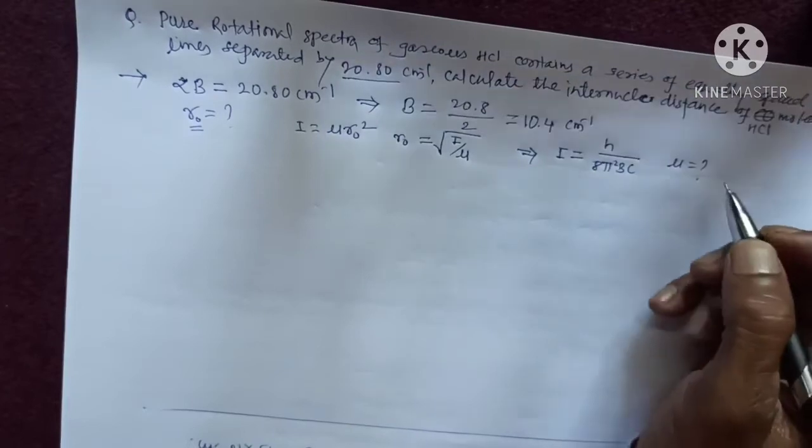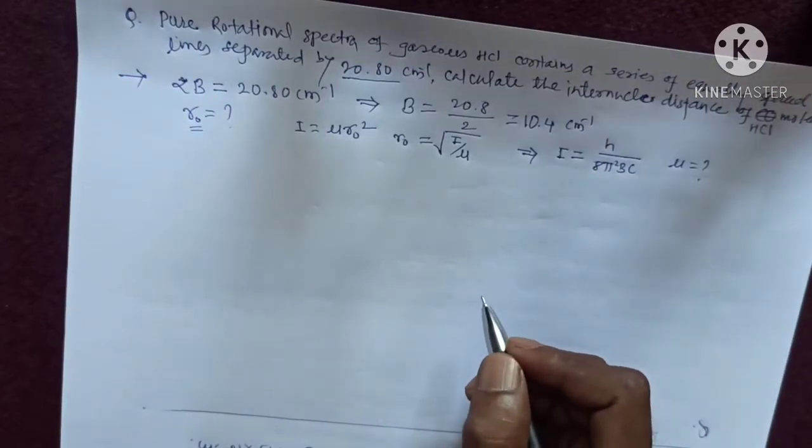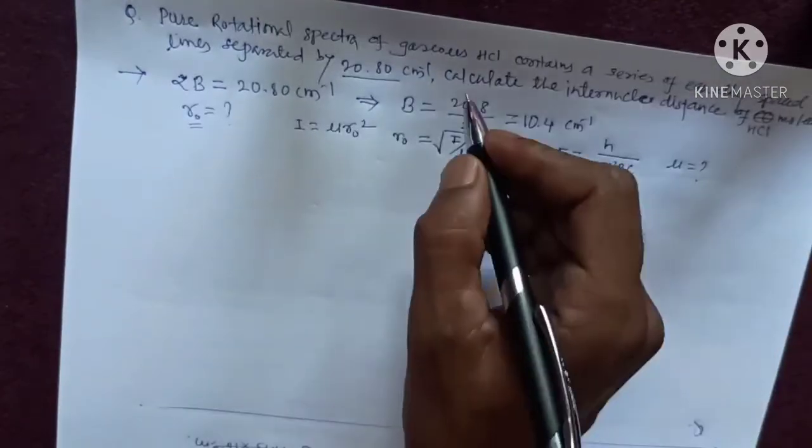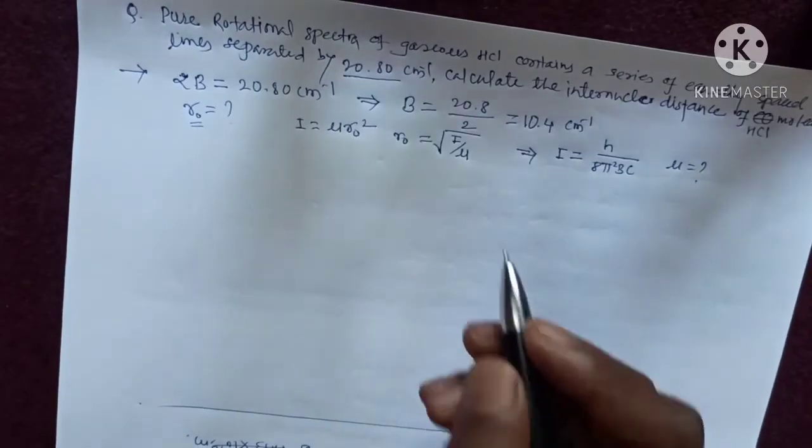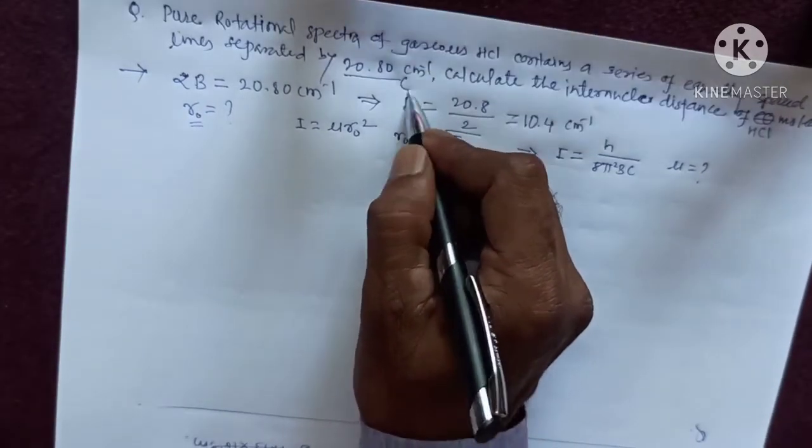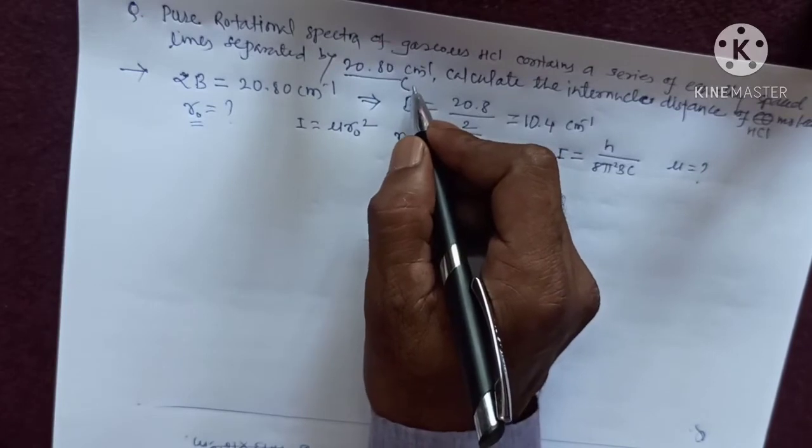So what will be the value of mu? The value of mu will depend upon the masses. So the values of masses should be given in the problem. You can consider it will be given in the question.